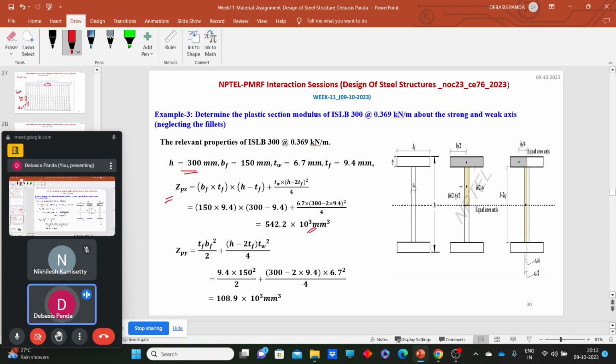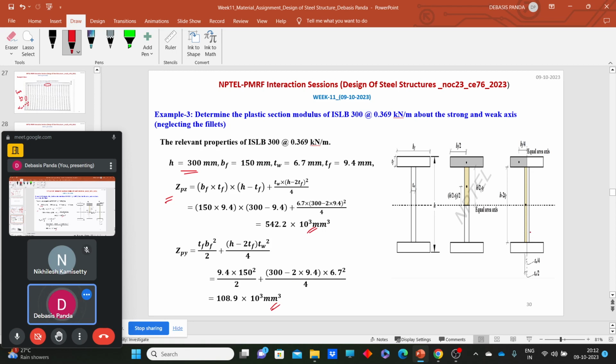So that comes as this, and if you plug in all these values in the ZPY equation, you can calculate the plastic sectional modulus about the y-axis. These two things might be required during design. If for a particular section you are unable to find the value of plastic modulus about z and y-axis from SP6, then you can use this set of equations to calculate the required plastic modulus about z and y-axis.